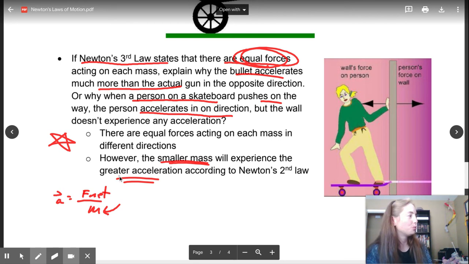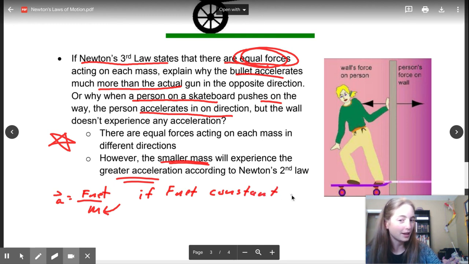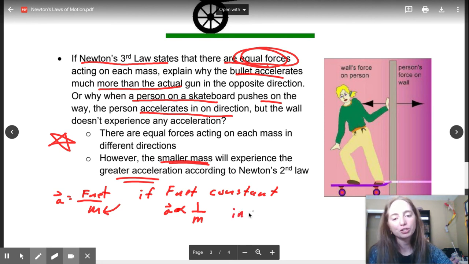So when we're looking at it from this angle, where we're changing the mass, F net is constant, the same way that F net is constant in the scenario of pushing on the wall with a skateboard: the wall and the person experience the same F net, opposite directions, but same magnitude. We can then write our equation as acceleration is proportional to 1 over m. So this is the inverse. These are called inversely proportional.